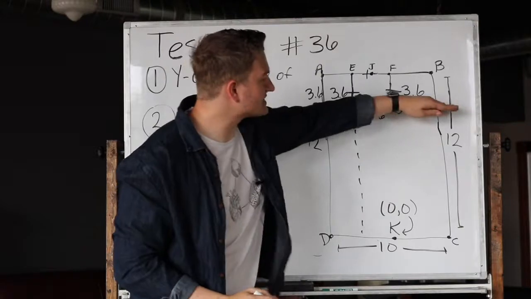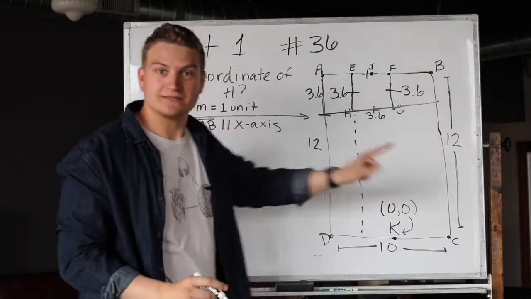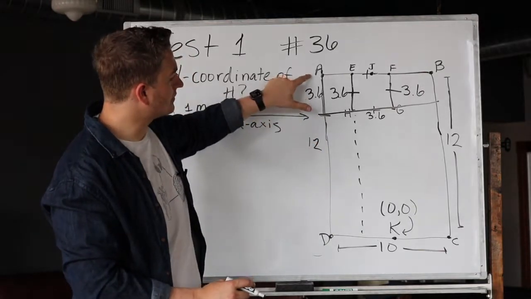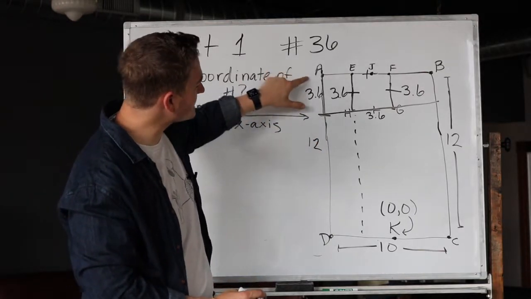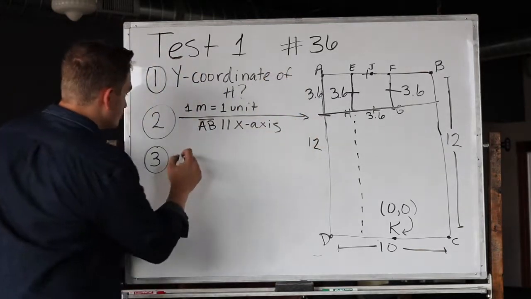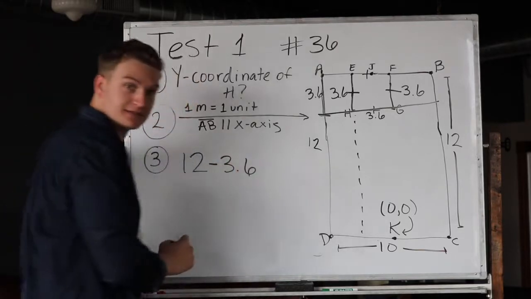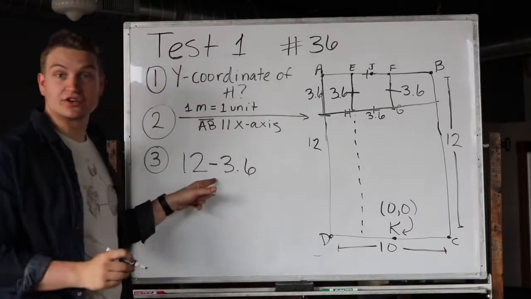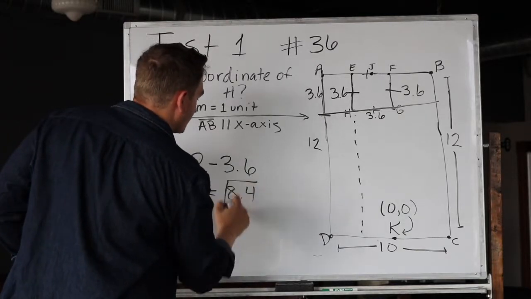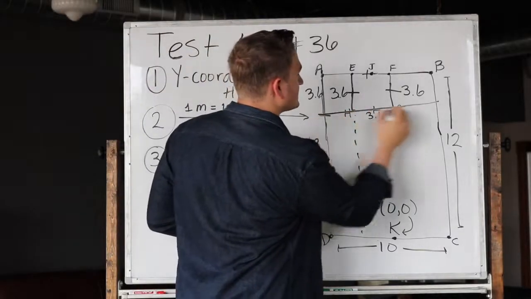And this horizontal line is at the y-coordinate 12, our whole distance is 12, minus, we come back down, 3.6. So 12 minus 3.6 equals, you could do this on your calculator, 8.4.